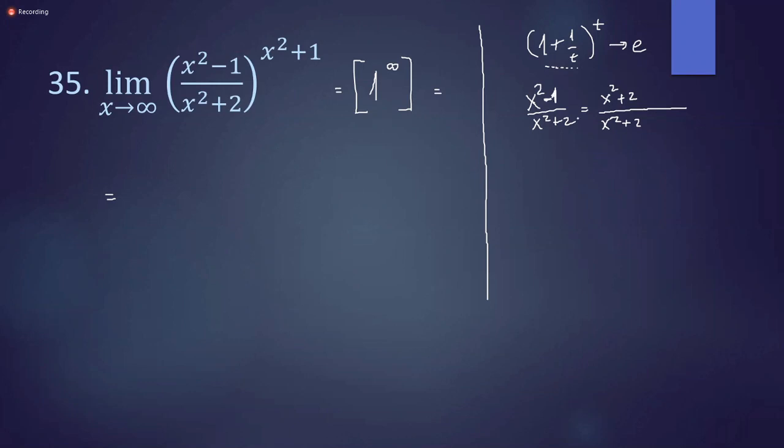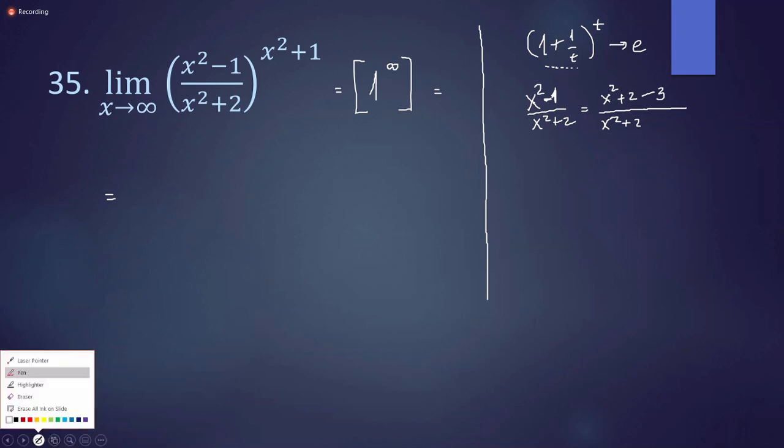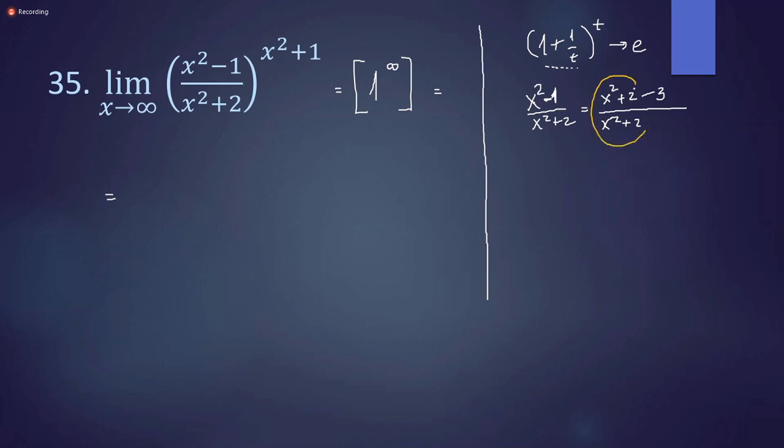So in fact, I effectively split minus 1 into plus 2 and minus 3. Plus 2 because it will be the same as in the denominator. So it would be 1. And then the rest is minus 3 over the same.